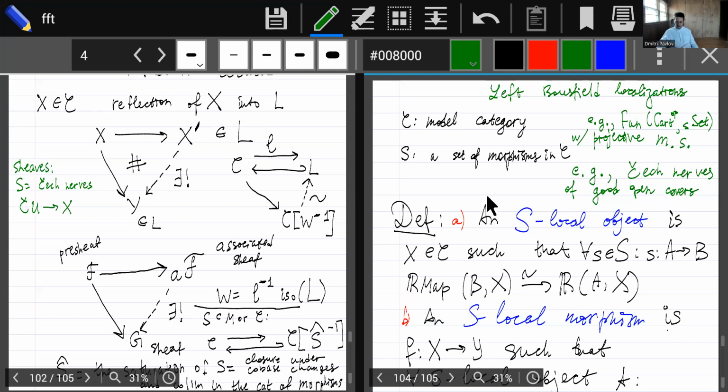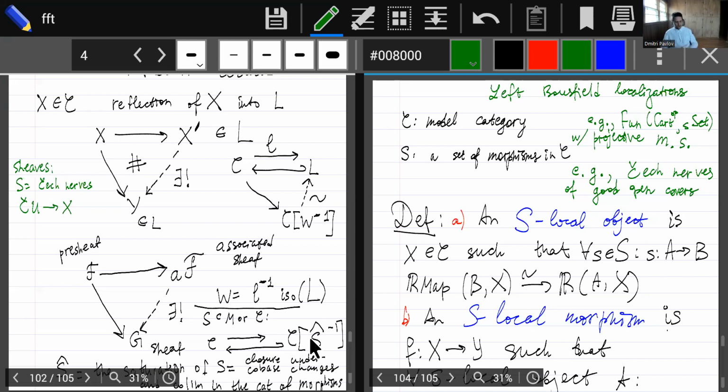Okay, so the basic setup will be a model category C, which you think of as a homotopy coherent analog of this C here. And you will have S, a set of morphisms in C, which will be precisely the analog of this S. It's a class of morphisms that you want to invert, and not just to invert, but you also want the localization functor to have a fully faithful right adjoint.